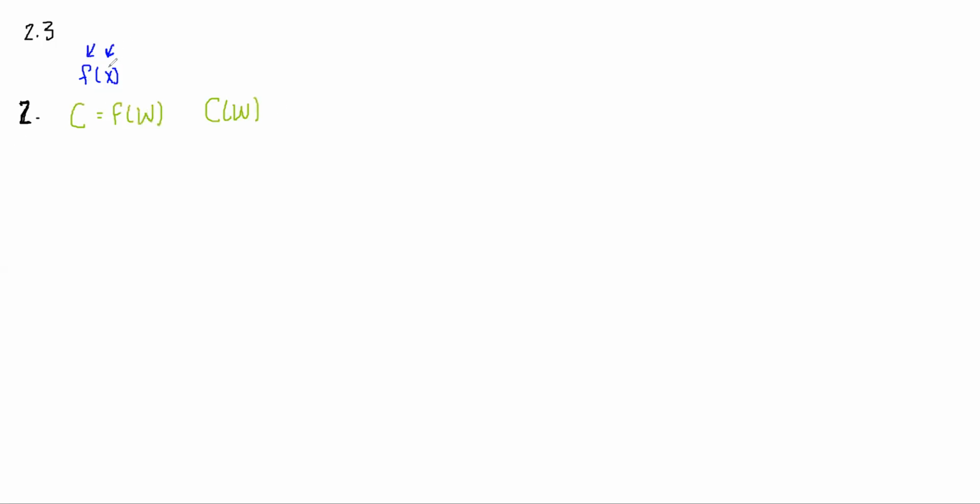But exactly. So if I take the derivative of this in Leibniz notation, what is that going to look like? It's going to be d of c over d of w. dc dw. Exactly. Unit-wise, it is going to be dollars per pound.